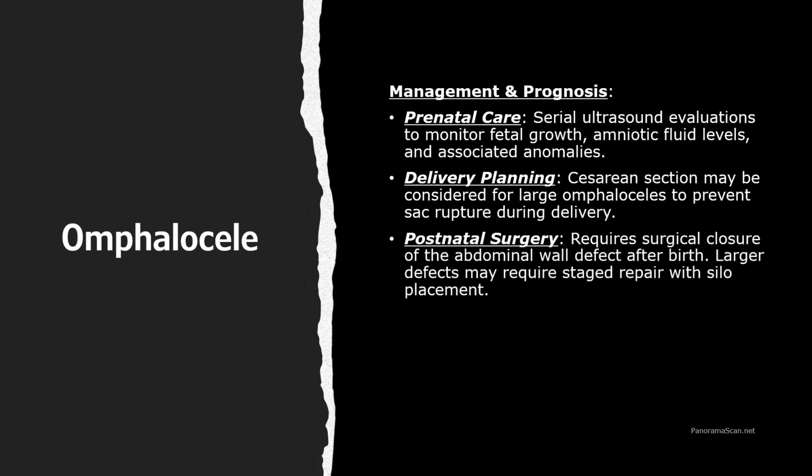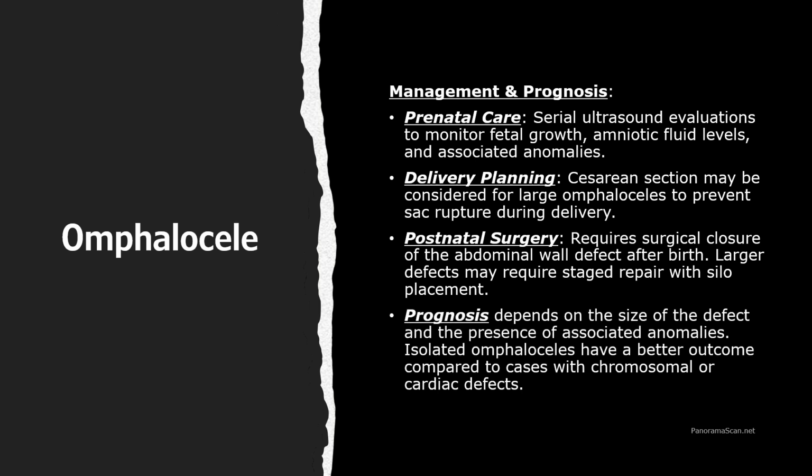Postnatal care involves surgical intervention. The goal is to close the abdominal wall defect, which may be done immediately after birth or in stages, depending on the size of the defect, of course. For larger omphalocele, a staged repair using a silo placement may be necessary to gradually reduce the herniated organs into the abdominal cavity.